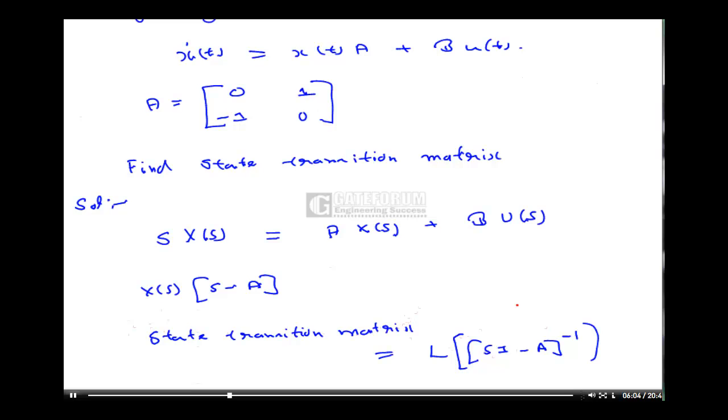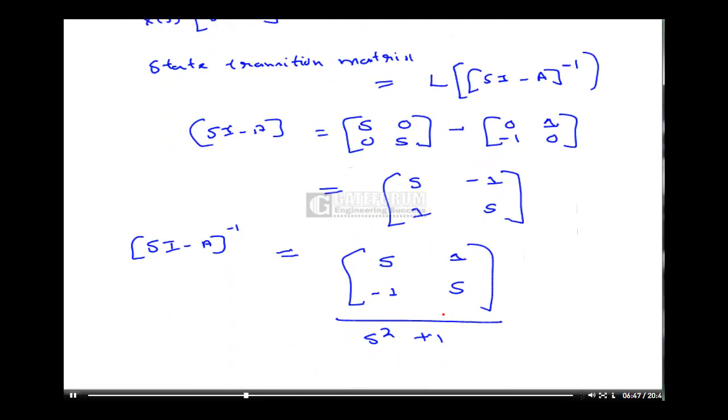And sI minus A is equal to [s 0; 0 s] minus [0 1; minus 1 0], which is equal to [s minus 1; 1 s]. The inverse of sI minus A is [s 1; minus 1 s] upon s square plus 1.